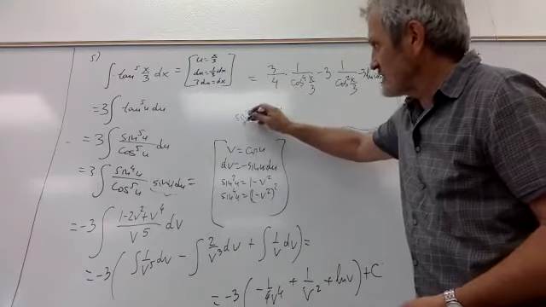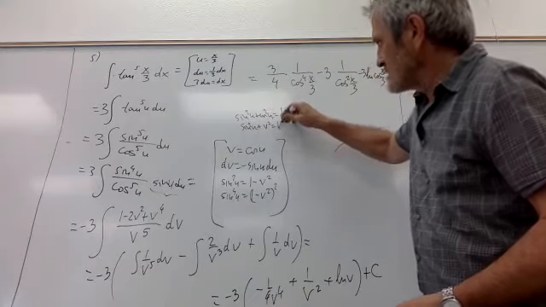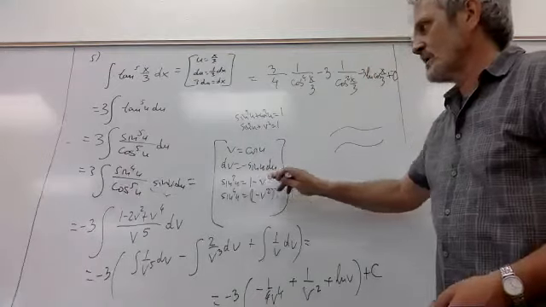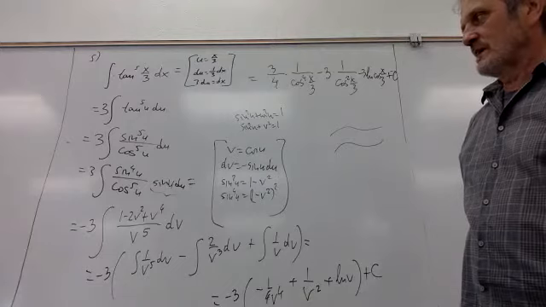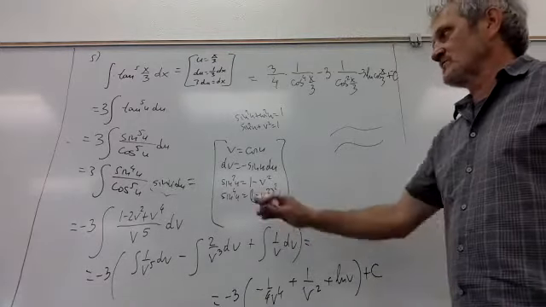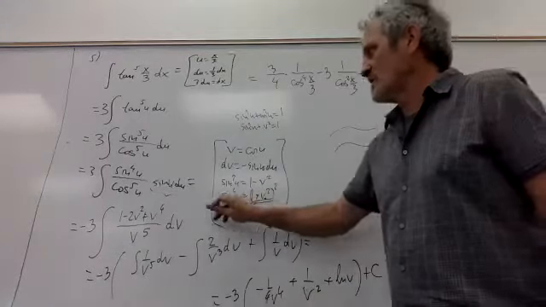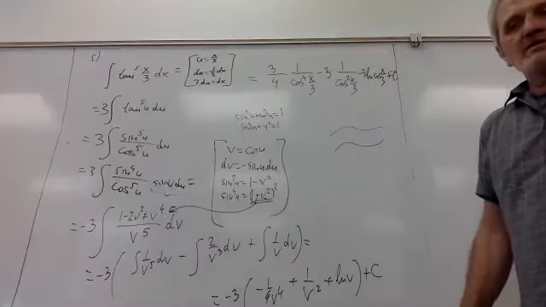But cosine u is v. So I have sine squared u plus v squared is 1. So sine squared u is 1 minus v squared. And I had sine to the 4th, so I just squared both sides to get that 4th power. So that's what I fed in there, and I foiled it, and then everything went fine.